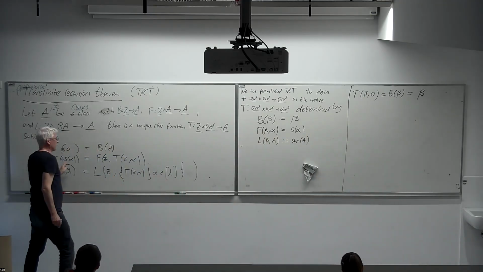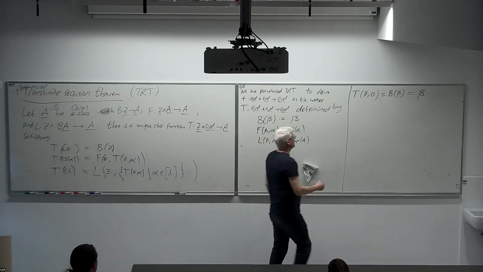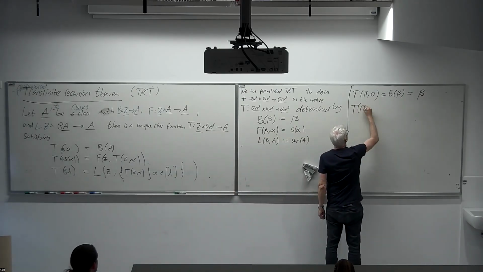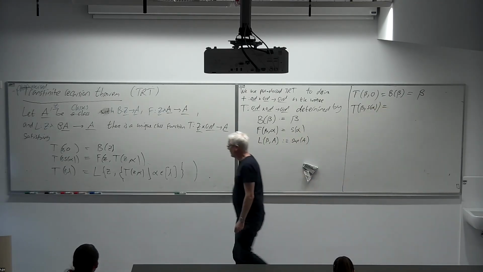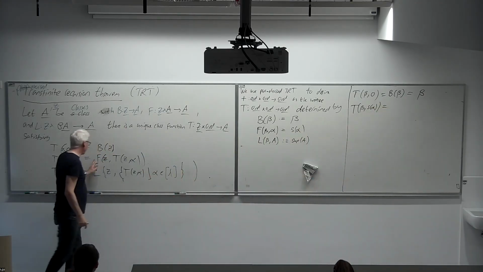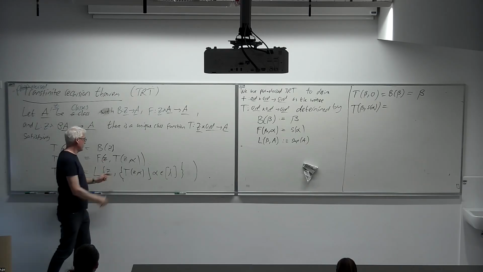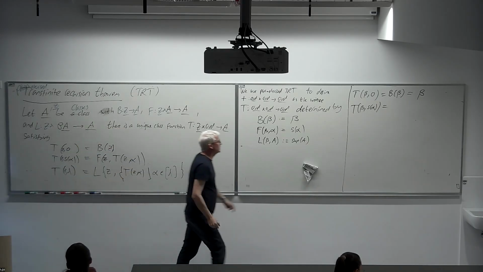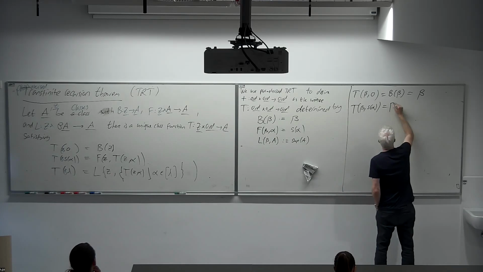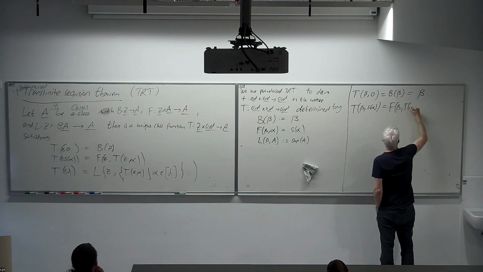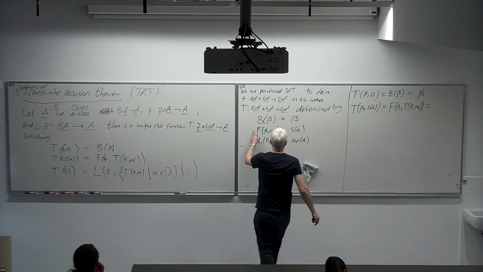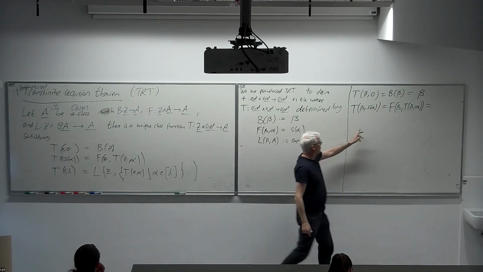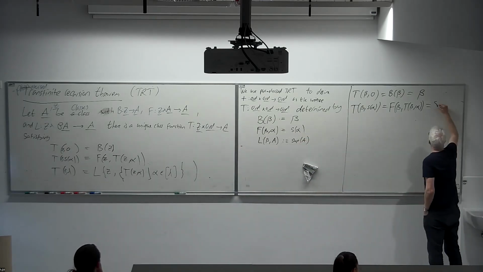T of beta and the successor of alpha is F of beta, T of beta together with alpha, which is, by definition of F, the successor of T beta of alpha.